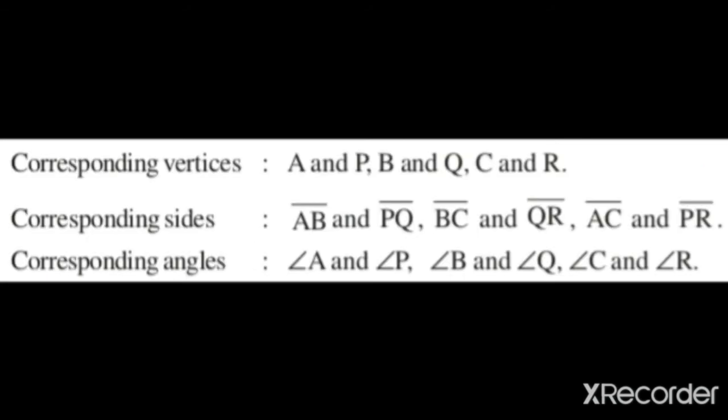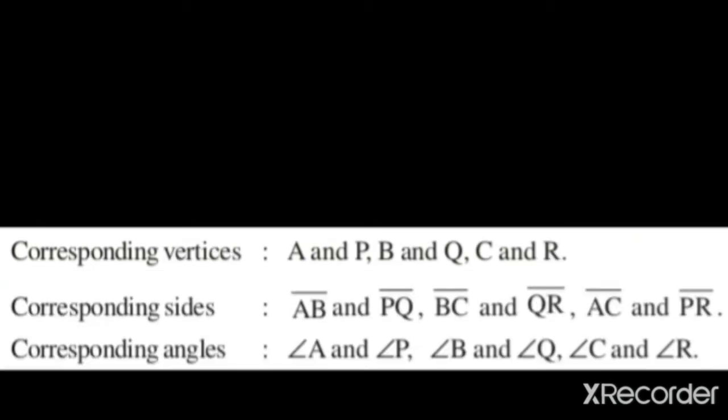So we can say that in triangle ABC and PQR, corresponding vertices are A and P, B and Q, and C and R.